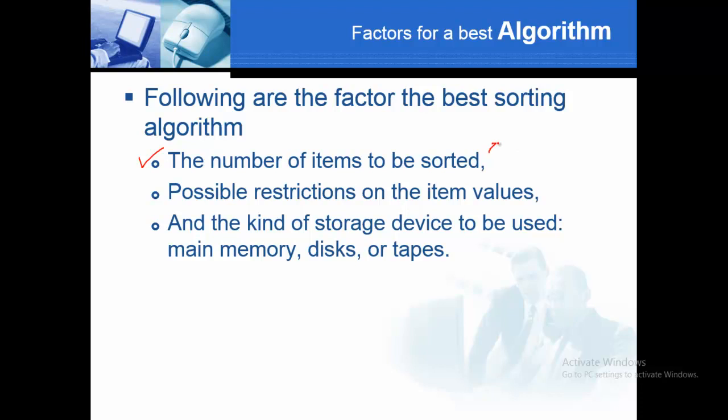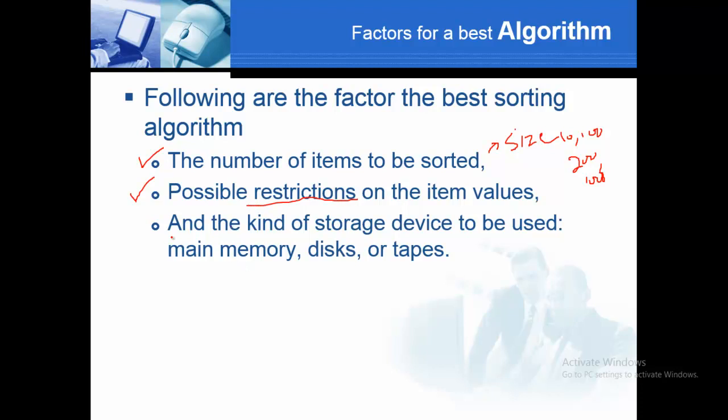For example, you're going to sort 10 numbers or 100 numbers, or 200 or 1000 numbers, depending upon your size. Next, possible restrictions on item values. This is another important factor we must consider. Possible restrictions, a kind of validation we need to apply on inputs.